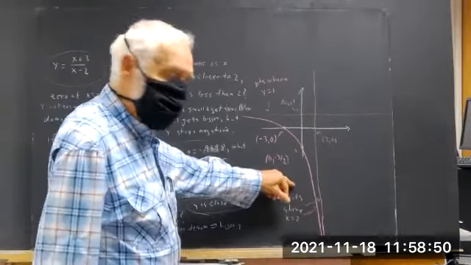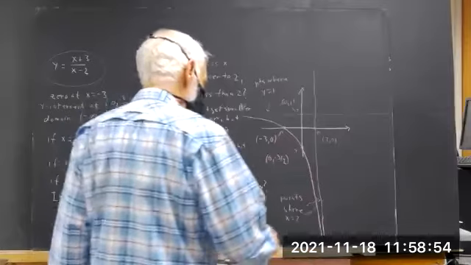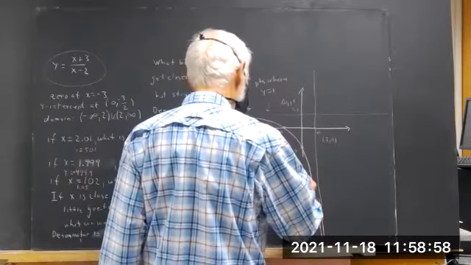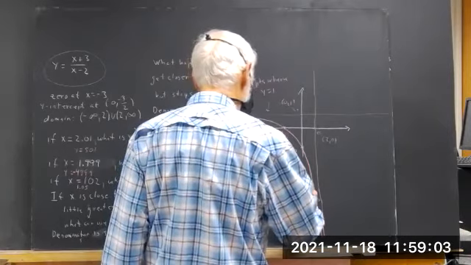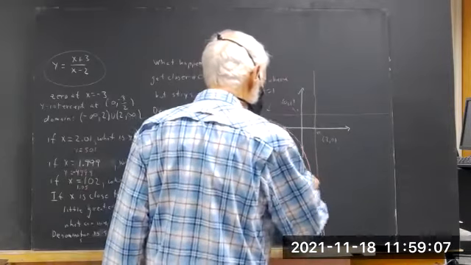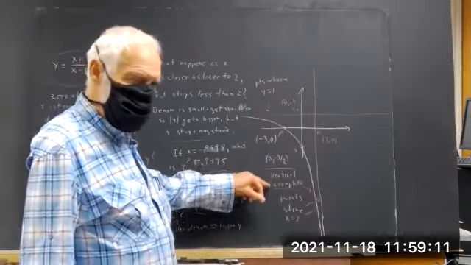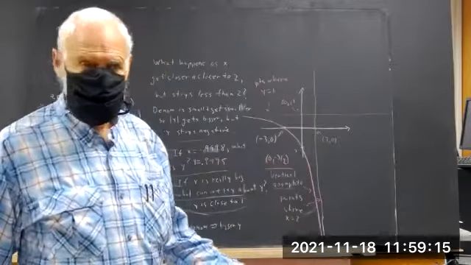And this is what we call a vertical asymptote. If I were smart enough to leave myself a little more room, I'd have written out the full description of a vertical asymptote at the line x equals 2.